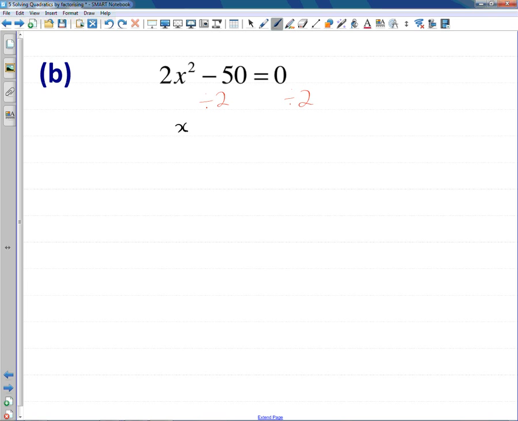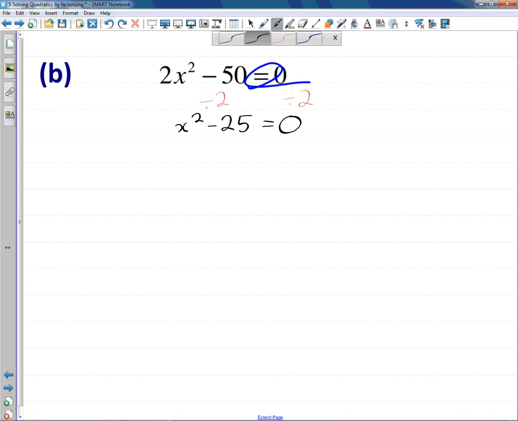So we'll have an x squared minus 25, and don't forget to divide the right hand side by 2. 0 divided by 2 is, well, 0. So the only reason we can do that is, of course, that we have an equation. If it was just an expression, you couldn't just divide by 2. Crucially, we have an equal sign, which is why we can do that.